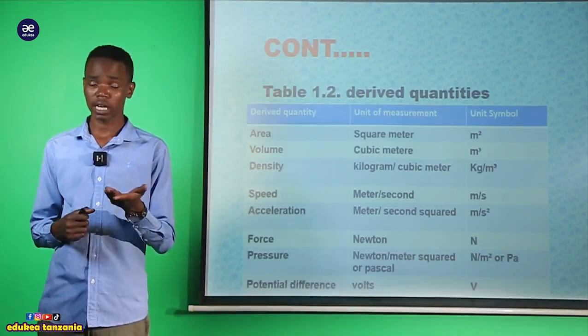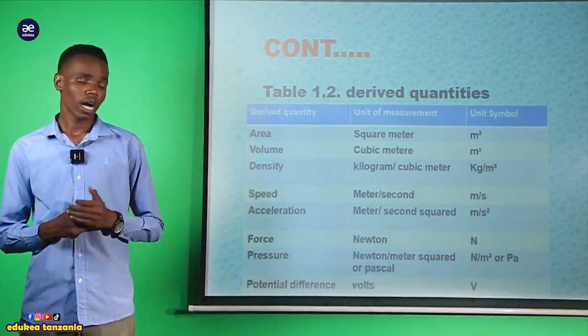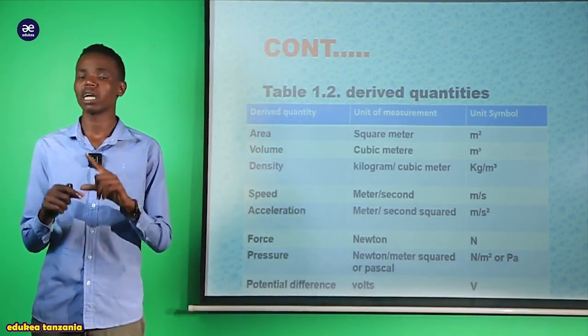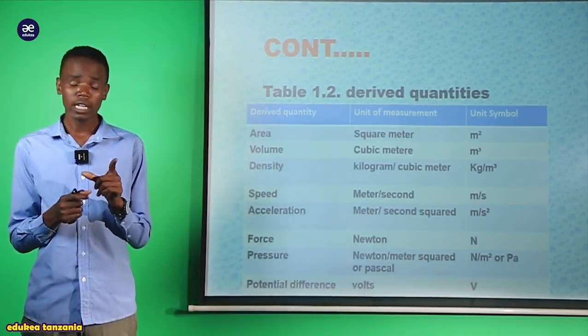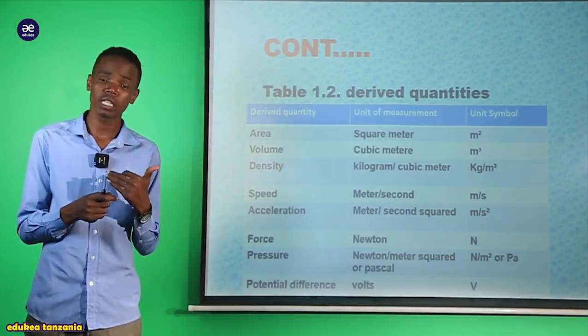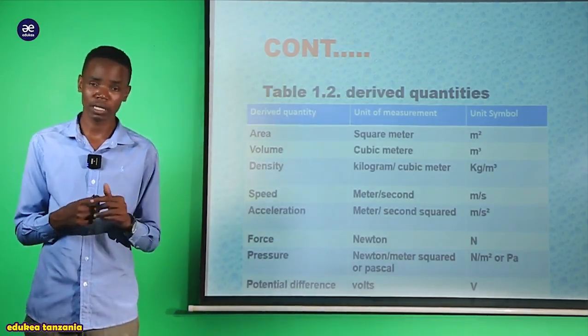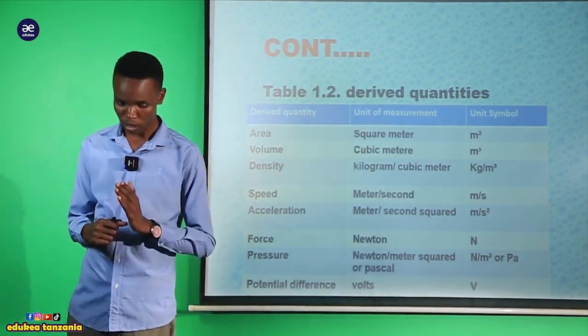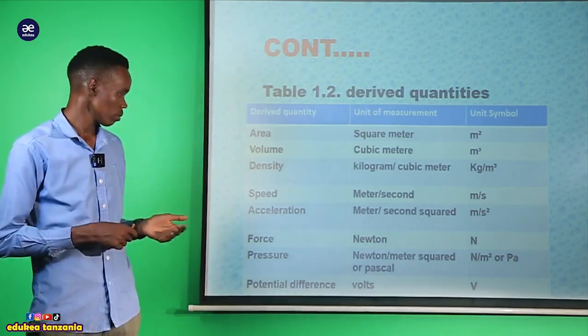Also we have the acceleration. Acceleration is obtained by taking the speed divided by time. For its unit, we take the unit of speed and divide it by time. It will be meter per second square. That is a derived quantity, my dear student.